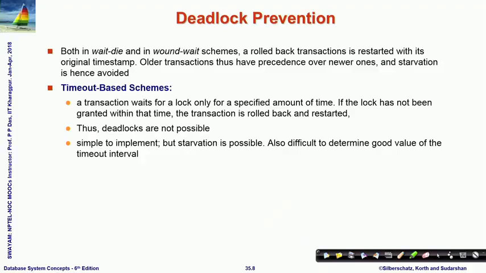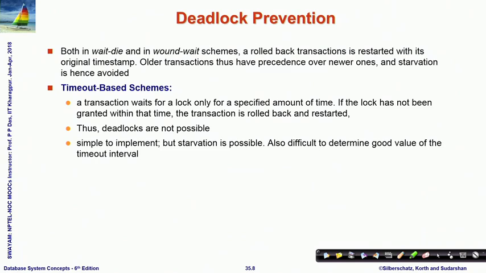In this, you usually have a timeout-based scheme. A transaction waits for a lock only for a specified amount of time. If the lock has not been granted within that time, the transaction is rolled back and restarted, and therefore deadlock is not possible. It is simple to implement, but starvation can happen in the timeout-based scheme, and it is also difficult to determine a good time interval to wait.